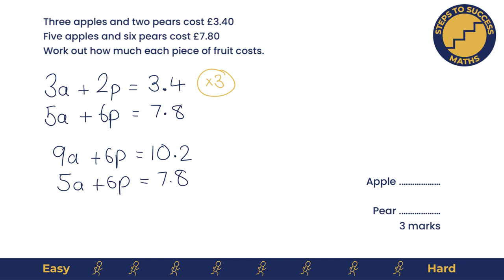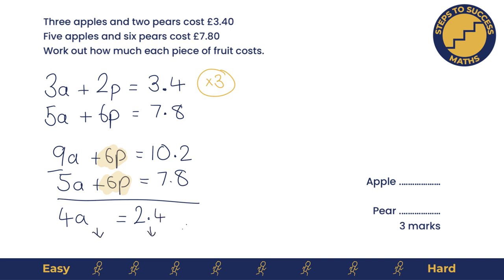Now I want to get rid of these P's, so I'm going to take away. 9A take away 5A is 4A. The P's have disappeared. 10.2 take away 7.8 is 2.4. And now I just want an A on its own.